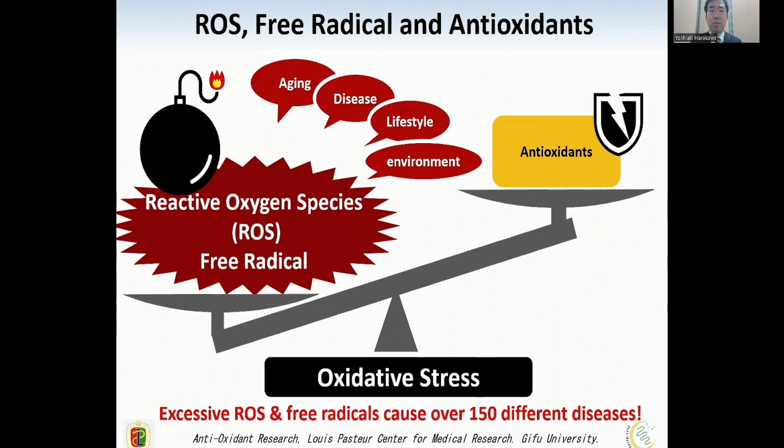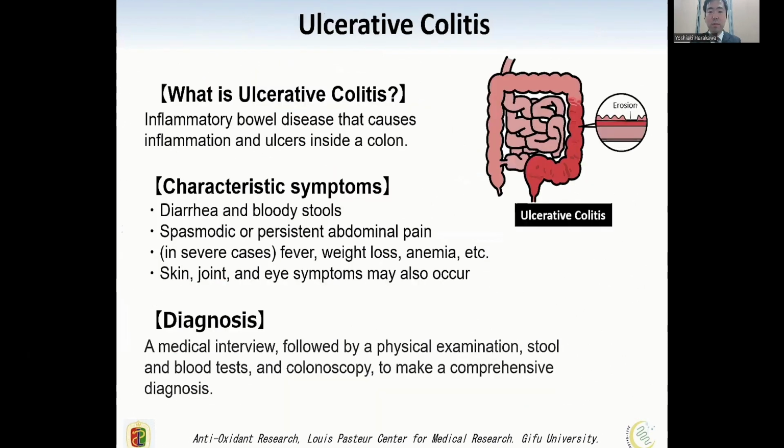Excess amount of ROS and free radicals is said to be the cause of more than 150 diseases, and ulcerative colitis is one of them. Ulcerative colitis is an inflammatory bowel disease that causes inflammation and ulcers inside the colon.